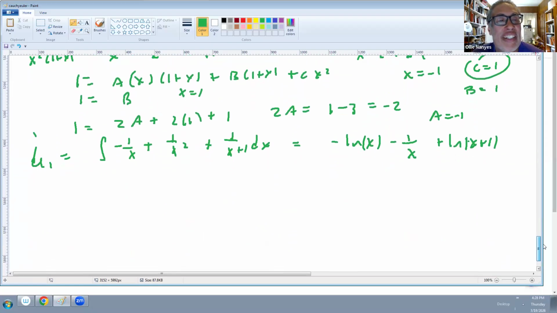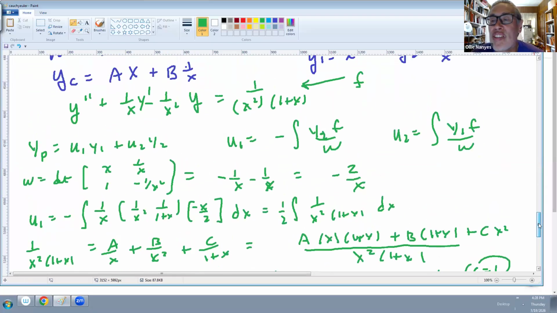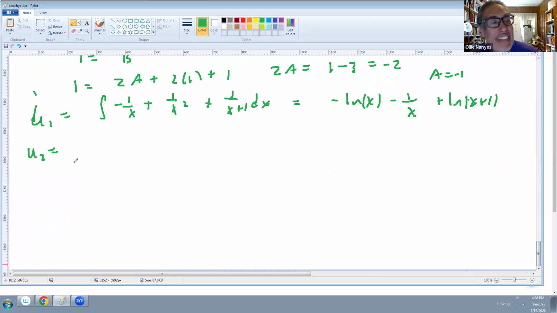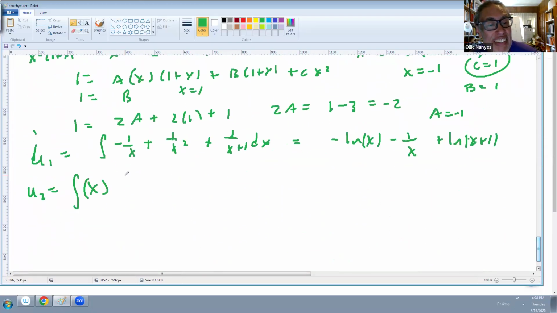That's your u1. So your u2 is the integral of y1, which is an x. Remember, our f is 1 over x squared, 1 plus x.